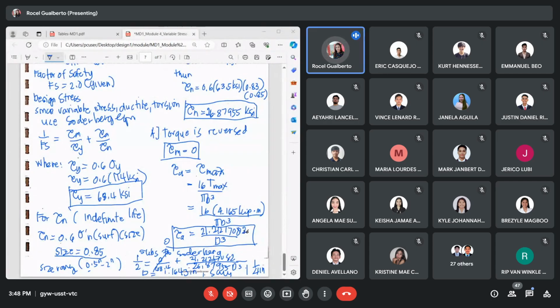Okay, I have shared to you yung Jamboard where you can place your solution po to B and C, okay, of the sample problem.